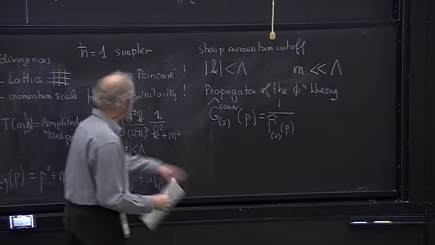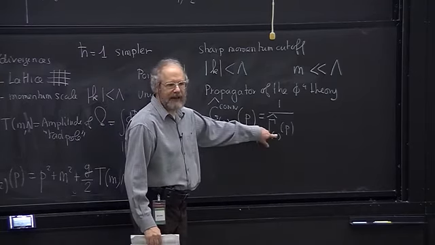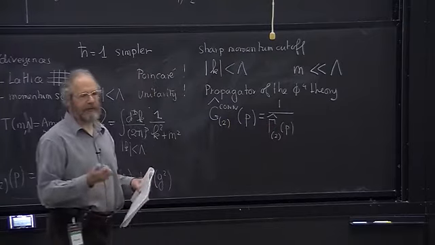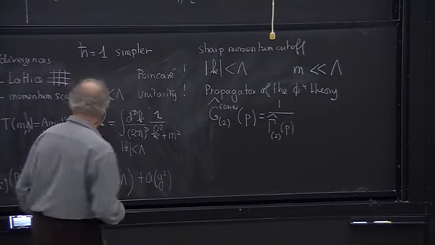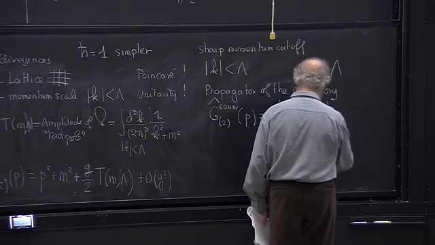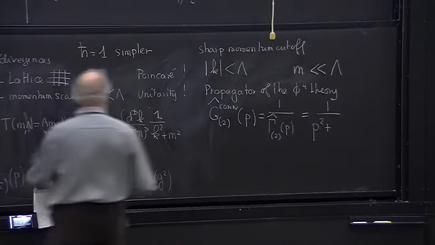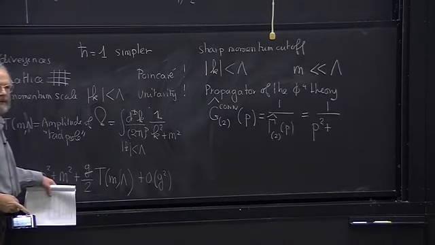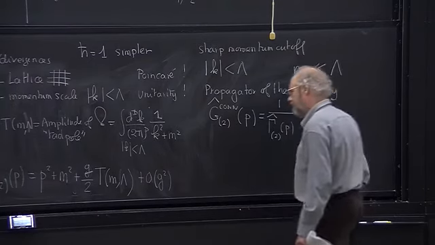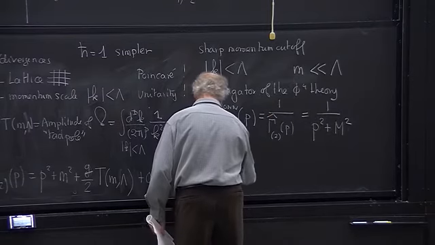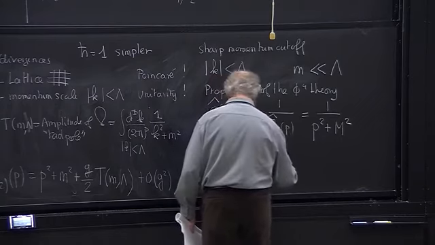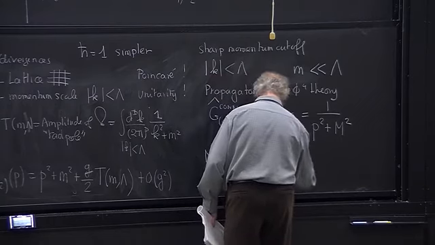Because this is a function which is diagonal in momentum space, the inversion of the operator becomes just the inversion of the function. So this is 1 over p squared plus this term. Let me call this capital M squared. So we have M squared equal m squared plus g over 2 times this function of the parameters m and Λ.